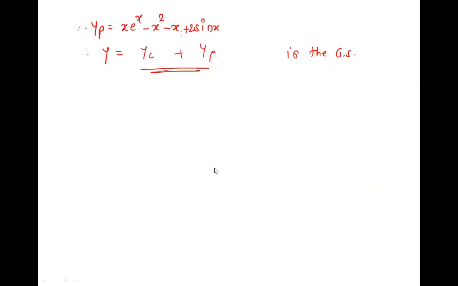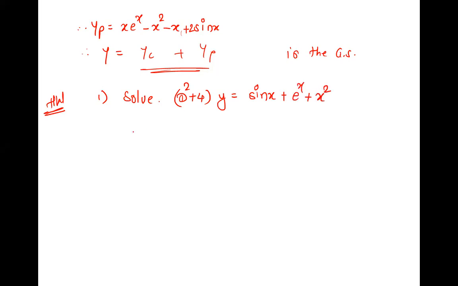Write down the next case. We will see the next case, case number 5. Give homework on it. Okay. Write down homework before and then we'll go to the next case. Write down homework. Solve d square plus 4y is equal to sin x plus e raised to x plus x square.